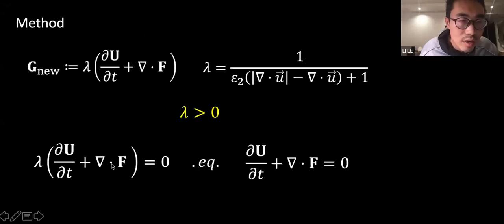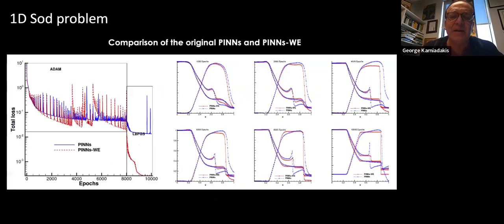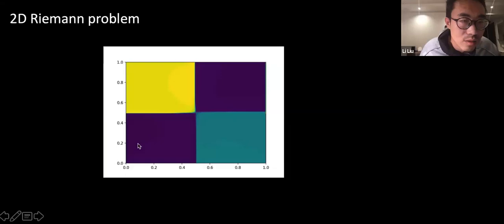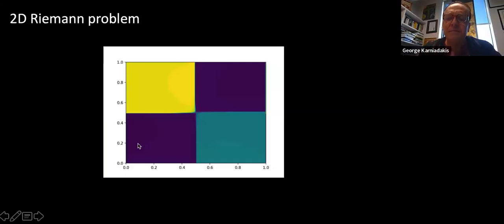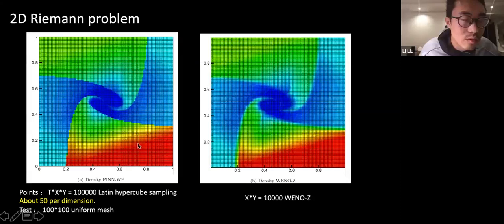So you don't do anything at the contact discontinuities, only for the shocks. Yes. So we use PINNs to capture linear discontinuities in this work, and we do not introduce the weight into PINNs.